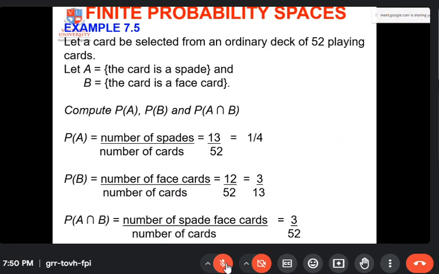Then the probability of A intersection B, meaning spades, and they are also picture cards, those are 3 out of 52. Is it clear now? So it is clear.